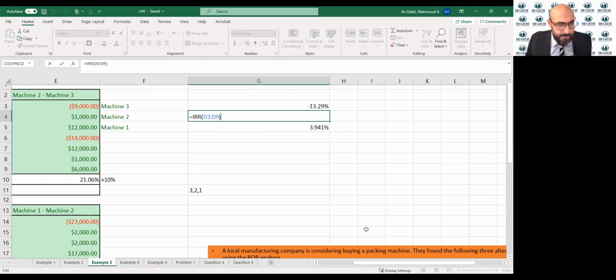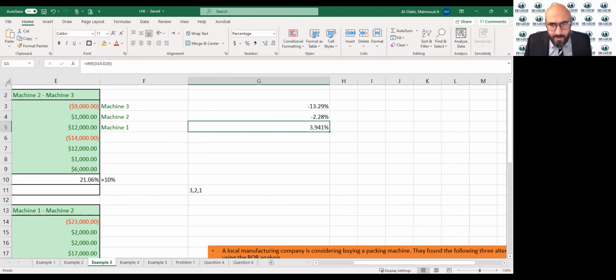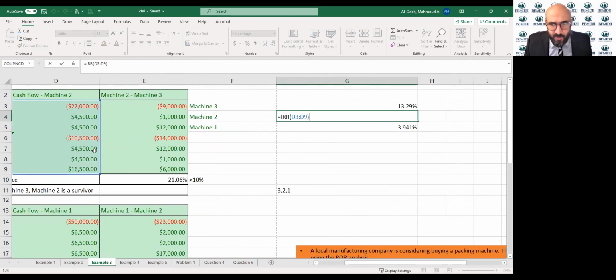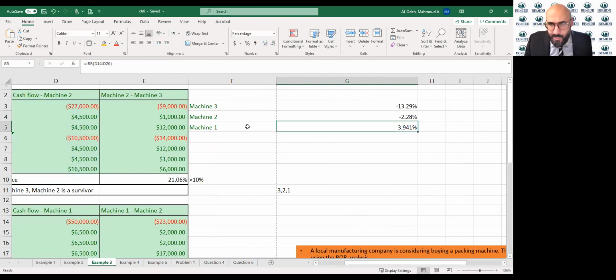The IRR for the second machine, selecting the cash flow for machine 2, is negative 2.28%, and the IRR for machine 3 would be 3.94%, and this would be in agreement with our conclusion, which is selecting machine 3.